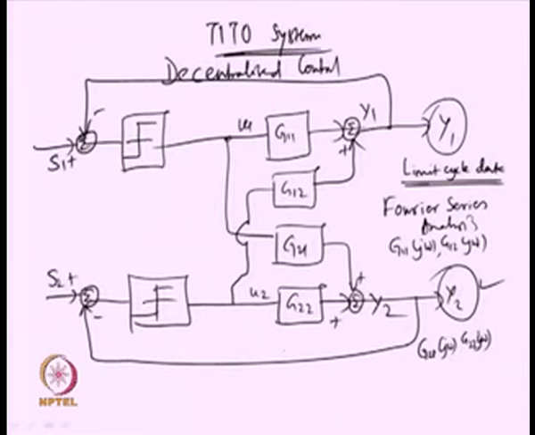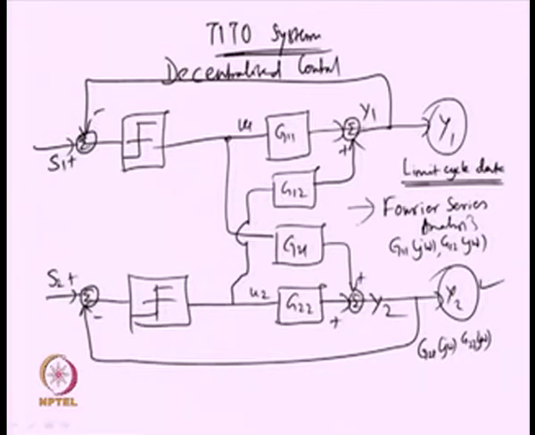So, this is how generally the decentralized relay control is used to identify the dynamics of a TITO system using, of course, the Fourier series analysis.